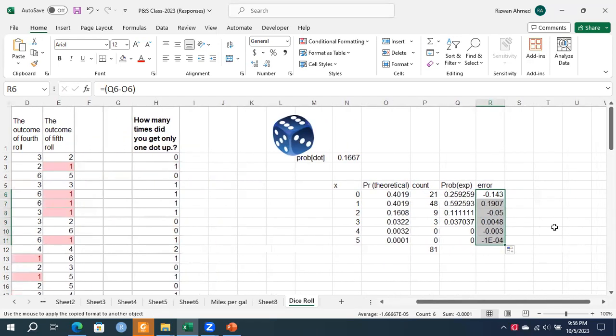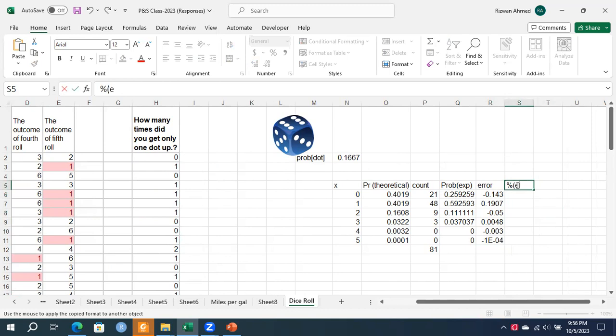So we can compute the percentage error, that will give us further information.